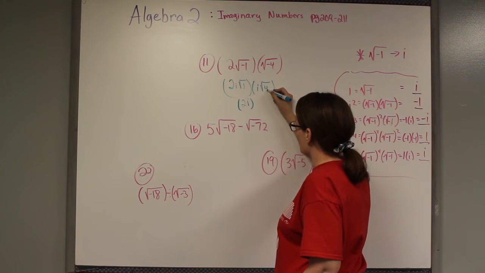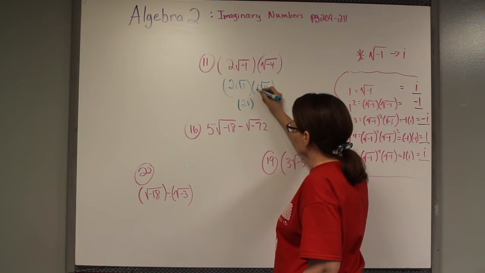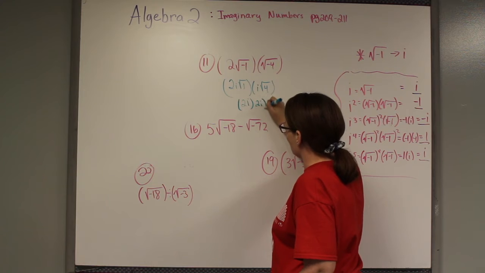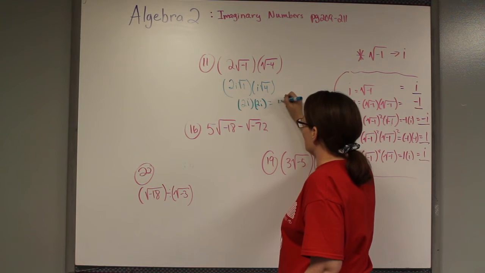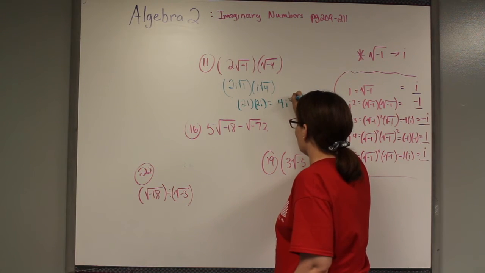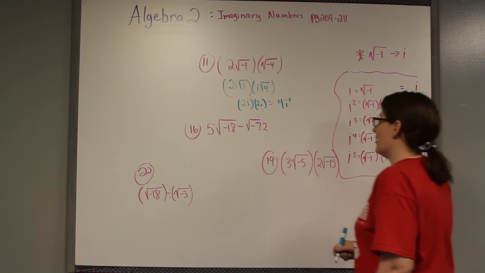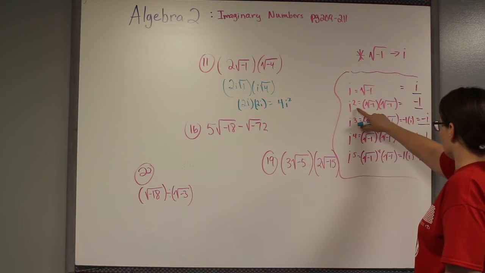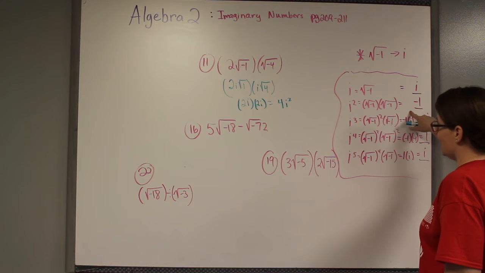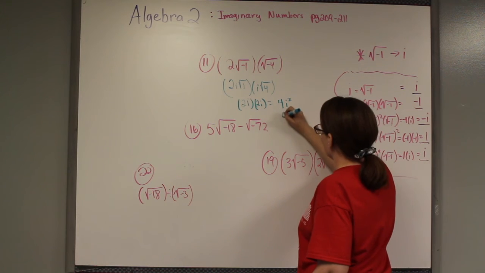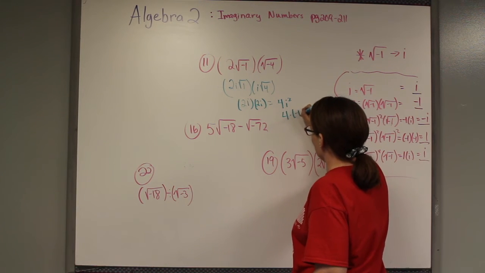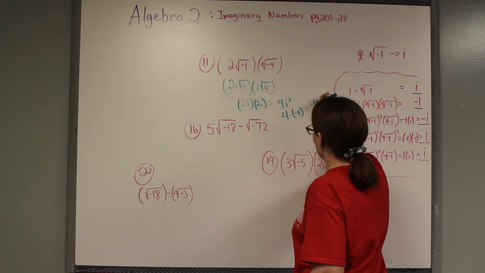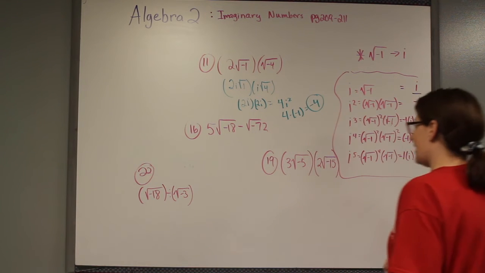The square root of 4 is 2, and 2 times I would be 2i. Then I'm going to multiply them, and I'm going to get 4i squared. Now, I want to look at I squared. I squared is a negative 1. So this is really 4 times a negative 1, which equals negative 4, and that is my answer.